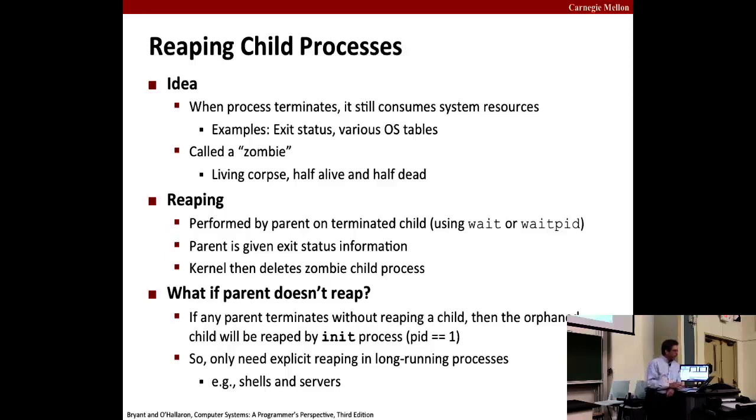So orphaned children will always be reaped by the init process. So we only really have to worry about reaping zombies in the case where we have long-running parents like shells or servers, right?